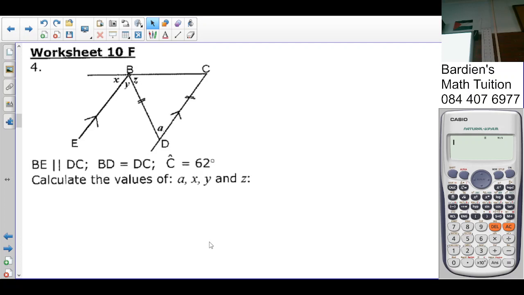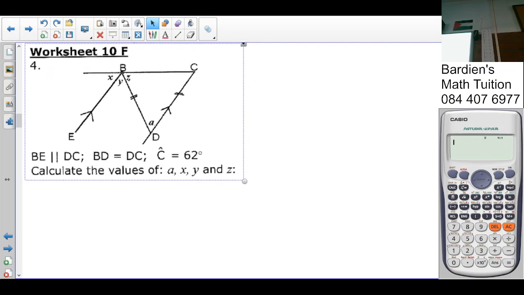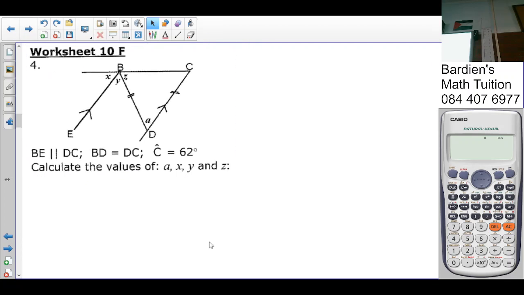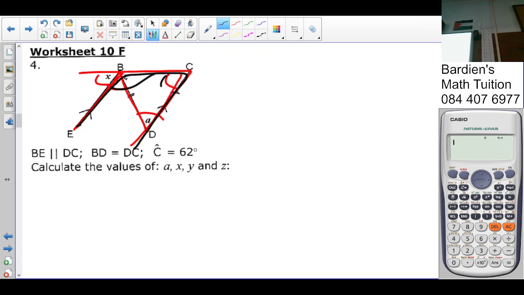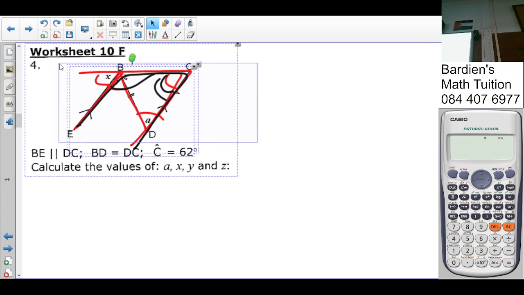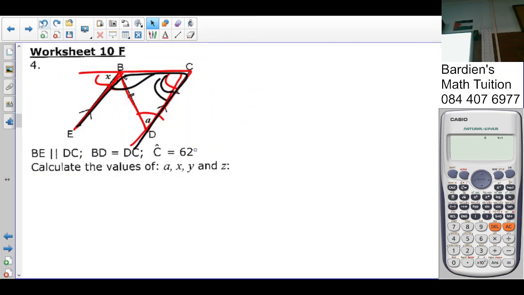Right, here we are told that BE is parallel to DC. What can be concluded from here? Many things. Alternate angles are equal, corresponding angles are equal, and co-interior angles are supplementary. Many more things can be determined, I'm sure. But just to highlight a couple of things there.